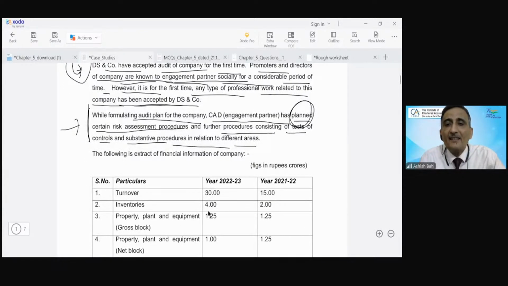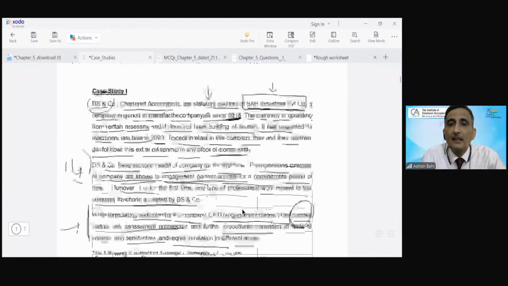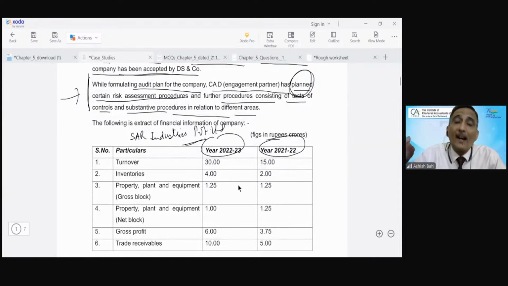So some data is given here for year 22-23 and year 21-22 relating to this company. What is the name of the company? SAR Industries Private Limited. So some financial data is given. It is an extract of financial information.